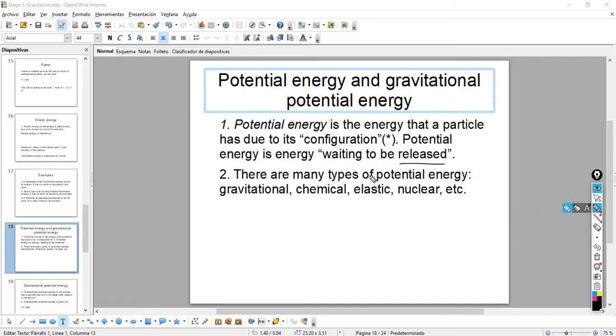And there are many types of potential energy. We have gravitational, chemical potential energy, elastic potential energy, nuclear potential energy, and so on. For example, let me tell you an example of chemical energy: food. Think about a peanut, for example, or many peanuts.